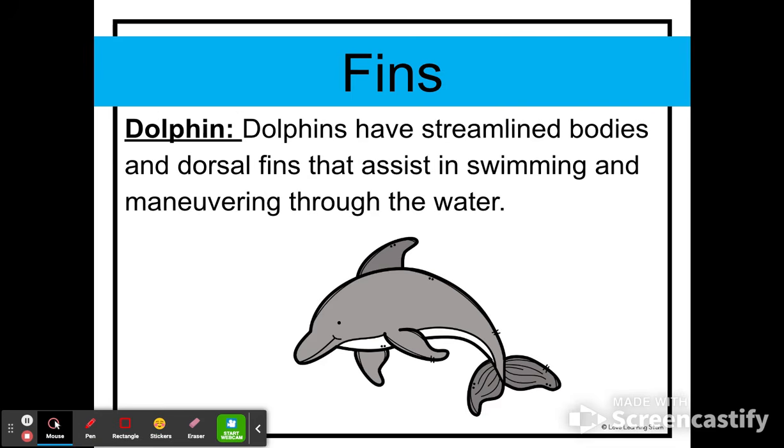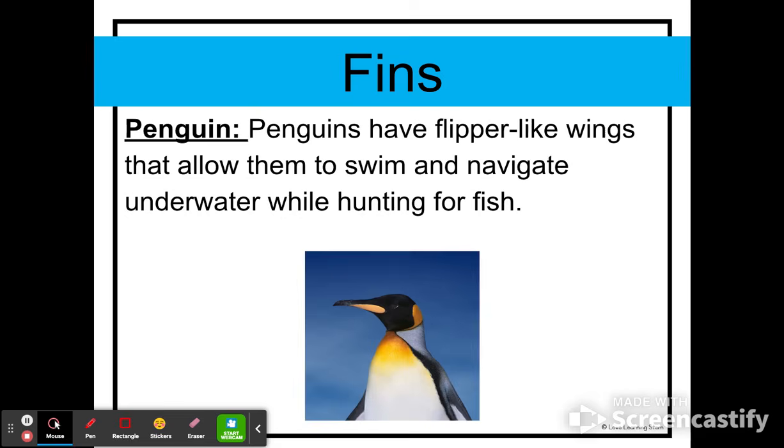Dolphins also have fins, and they have streamlined bodies and dorsal fins that assist with swimming and maneuvering through the water. Penguins also have flipper-like wings that allow them to swim and navigate underwater while hunting for fish.